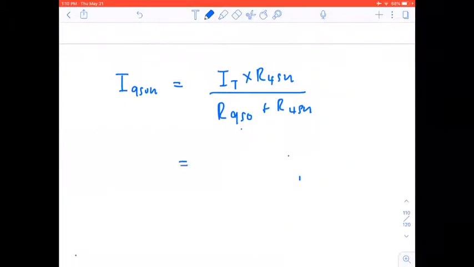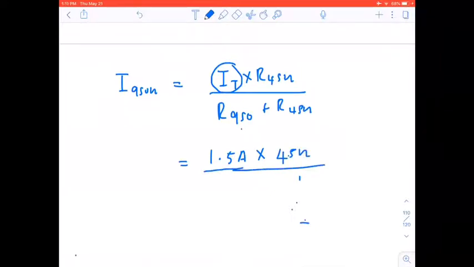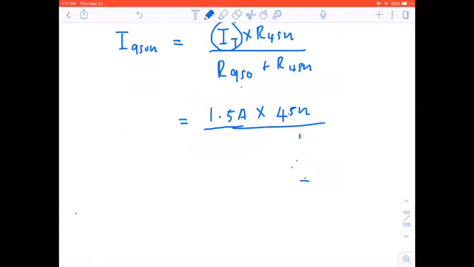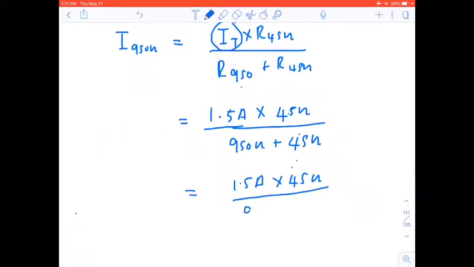So now, what's our total current there? The maximum is 1.5 amps times 45 ohms all upon 950 ohms plus 45 ohms, which would be 1.5 amps times 45 ohms all upon 995 ohms.